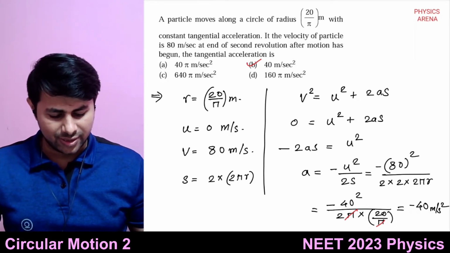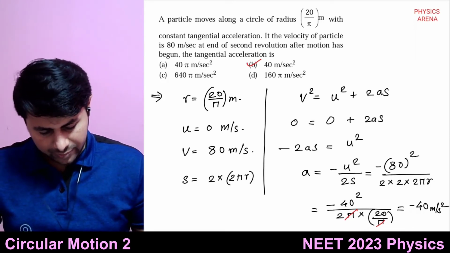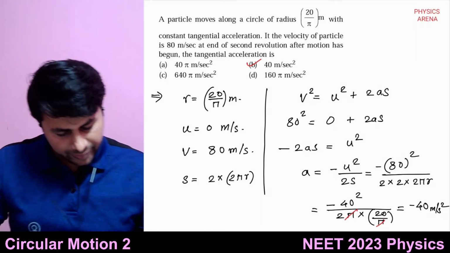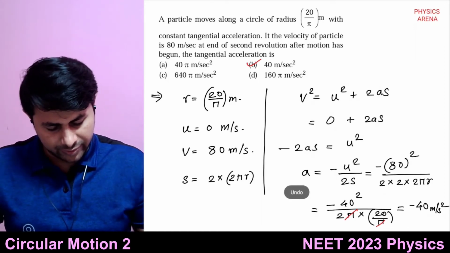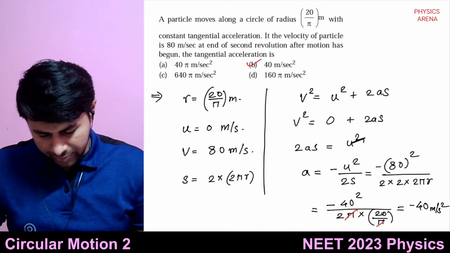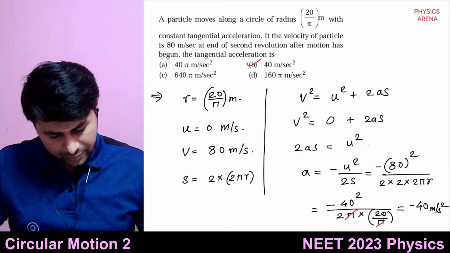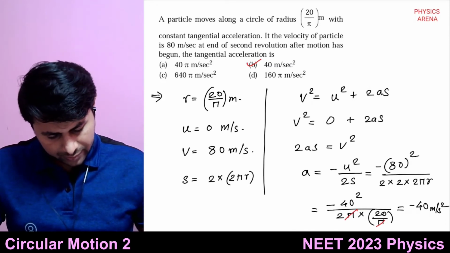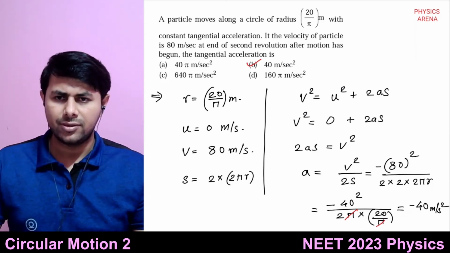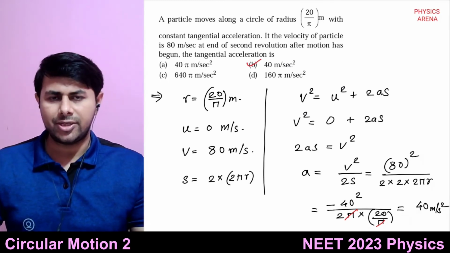So there is a negative sign. So this will be 0, and this is 80 square. Sorry, this is v square. There is a difference of negative sign only, so it will be positive, 40 meters per second square.